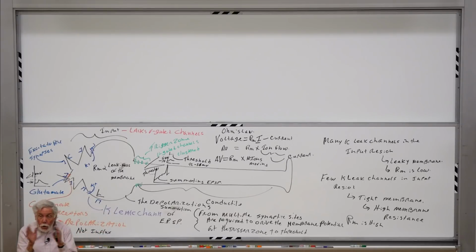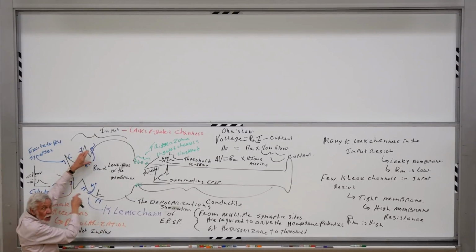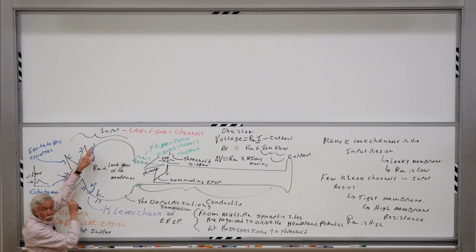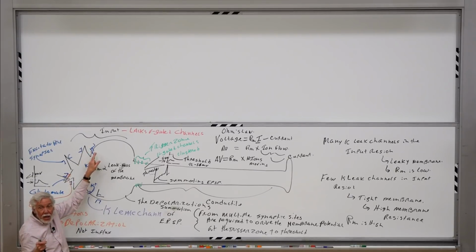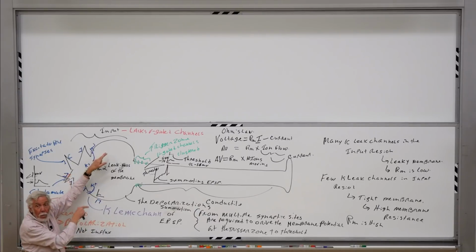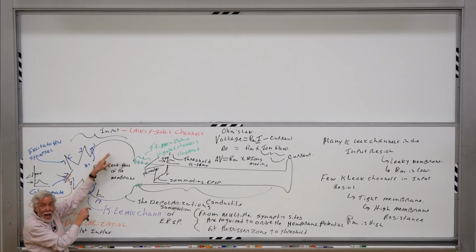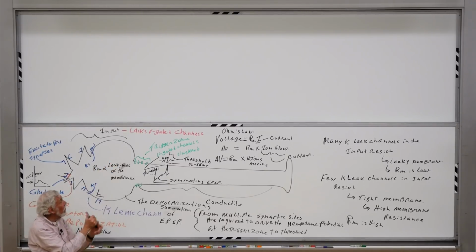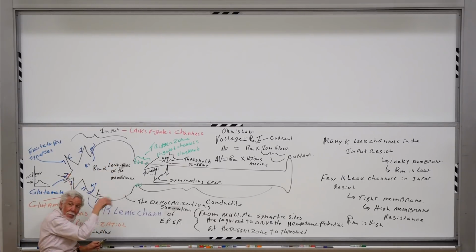And so what you're saying is, can we have an effect on the membrane resistance by changing the number of leak channels? Are there pathologies like that? Not that I know of. Are there pathologies where there are problems with the number of inhibitory synapses that are effective? Absolutely. And that then will affect the membrane resistance and be the same thing as what you're envisioning with the differences in potassium leak channels.